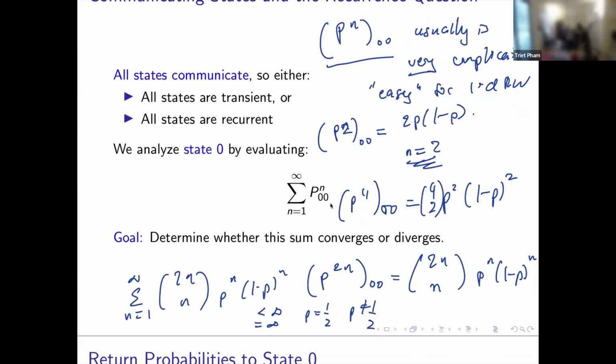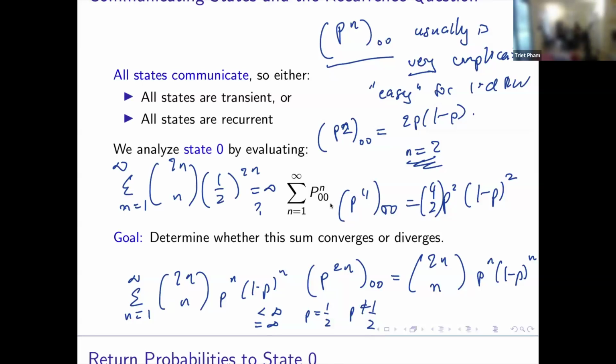Notice that if p is equal to 1/2, this actually simplifies to one half to the 2n. So for example, we declare that this sum is infinite. So that's the goal. Again, I'm not trying to advertise that this is easy or obvious or anything like that.